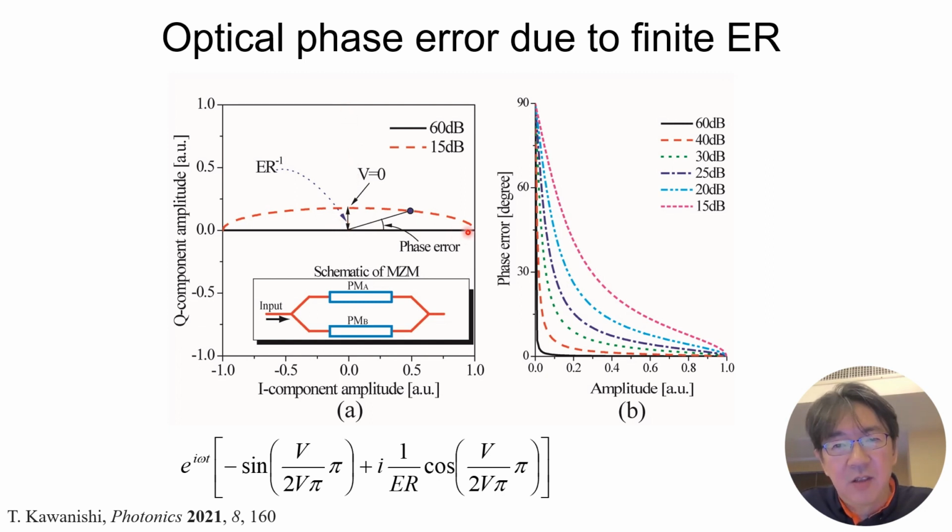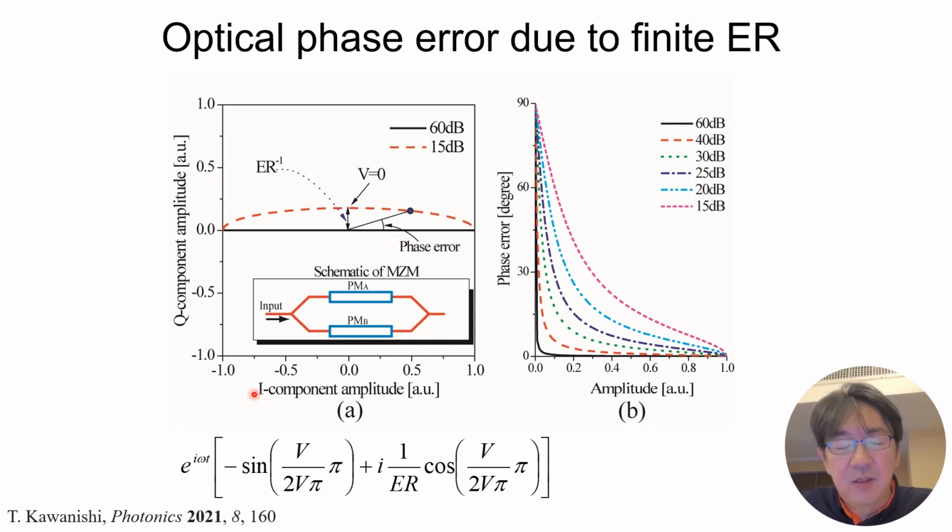In a perfect Mach-Zehnder modulator, output would always be on the real component. If the extinction ratio is equal to 60 dB, it's on the real axis, the x-axis. But if the extinction ratio is 15 dB, it has some chirp effect. I mean, it has some imaginary component. And the separation corresponds to the inverse of the extinction ratio.